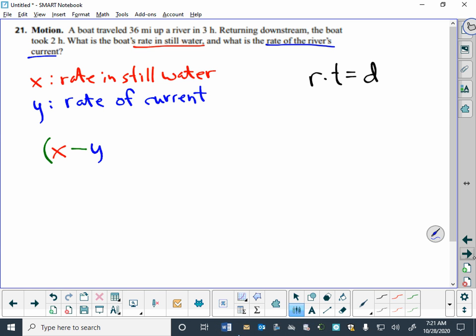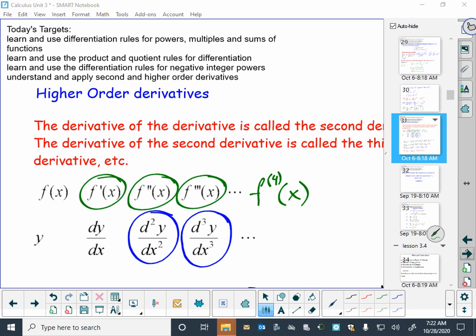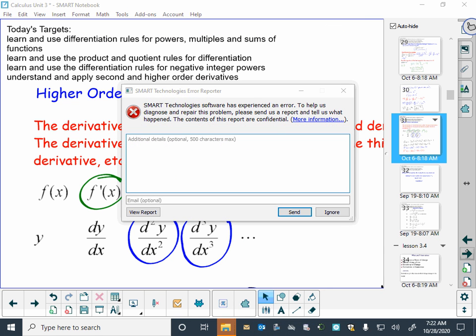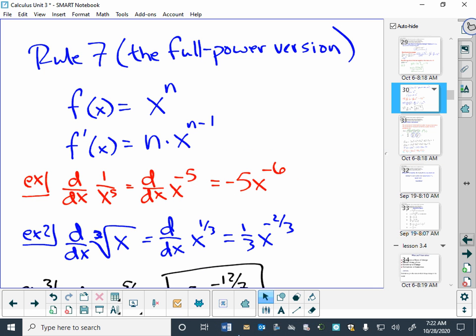So the current takes away from the speed that he's able to travel, and that is times a time that we don't know and we're not actually asked for in this. We'll see how to deal with that here in a little bit. And that is equal to a distance. And the distance that the boat traveled is 36 miles.